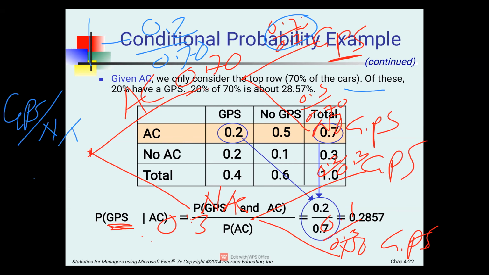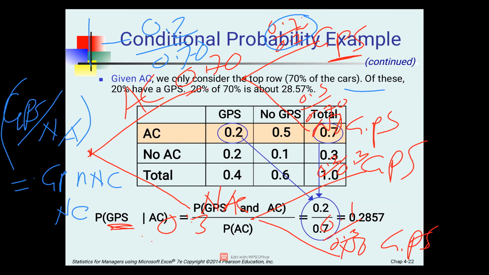This shall be the same as the probability of GPS intersection no AC over the probability of no AC, right? GPS intersection no AC.